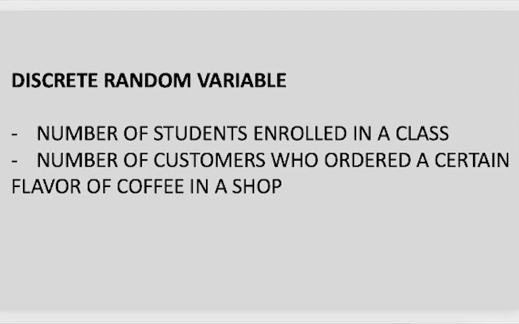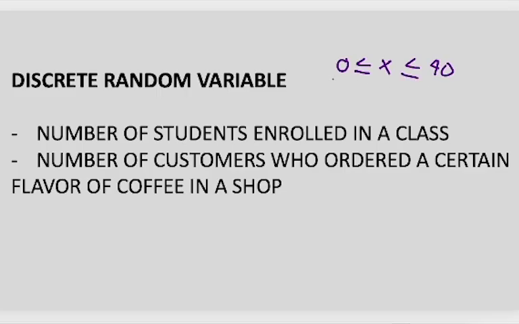So the minimum number of students in a class could be 0. Or if we have a maximum value of the number of students in a class, for example, let us say we have 40, then our random variable x, which is considered to be discrete, is from 0 to 40.